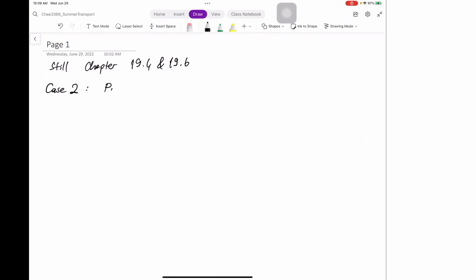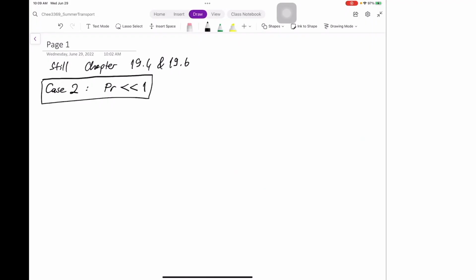Let's imagine that the Prandtl number is not equal to 1. Specifically, let's make it much, much less than 1. And then maybe we can have a case 3 in which the Prandtl number is much, much larger than 1. So we can actually investigate all 3 cases, all possibilities, right?